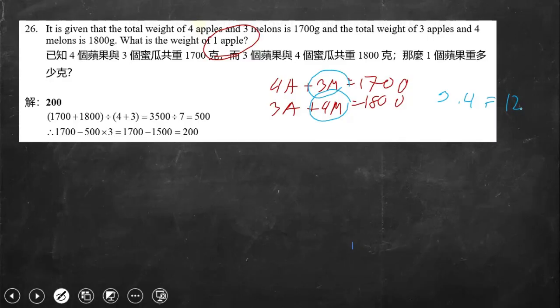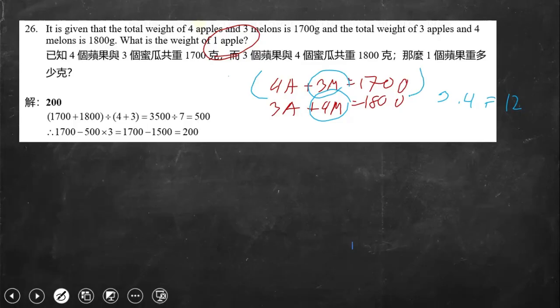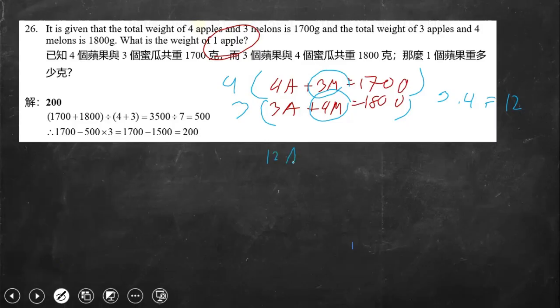Okay, I'm gonna multiply. I want to make them 12 so that I can subtract them later directly. So multiplying the first equation by 4 and the second equation by 3, we now have 16a plus 12m is equal to 4 times 1,700.